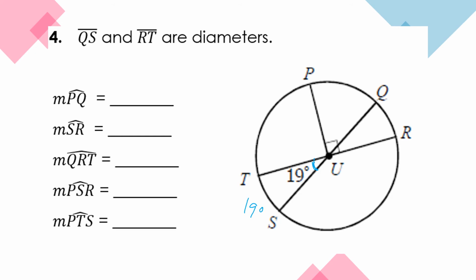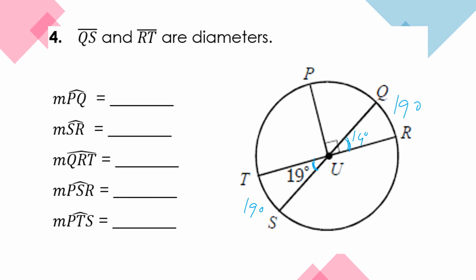Because of vertical angles, that's going to mean that QUR or RUQ is 19 degrees, and arc QR is going to be 19 degrees. And then because you have that 90-degree angle, that would mean that angle PUQ and QUR should equal 90 degrees.